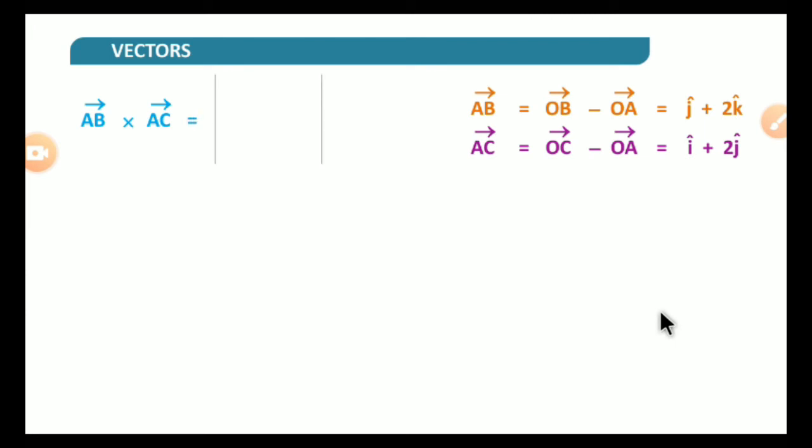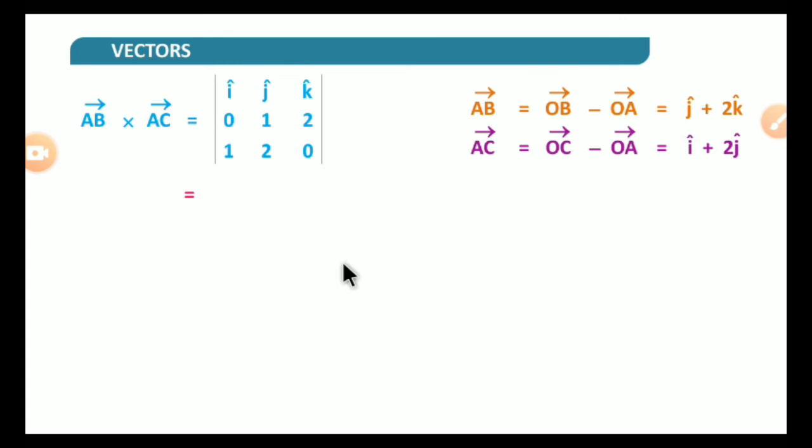Let us consider the determinant. The first row contains i, j, k and the second row contains 0, 1, 2, because there is no coefficient for i. In the third row, 1, 2 and 0.